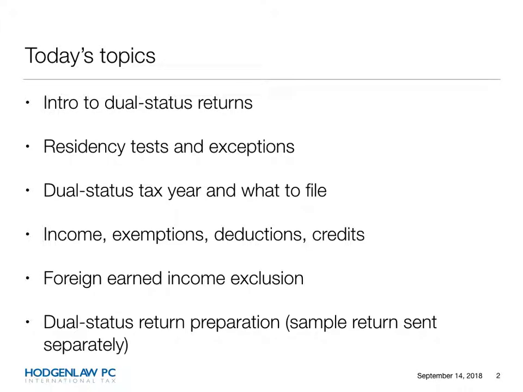So here's a brief overview of what we'll be covering. First, I'll go over what dual status returns are, then how residency tests are used, as well as some exceptions to these tests, what to file when you find out you have a dual status tax year, special rules related to income, exemptions, deductions, and credits, how the foreign earned income exclusion works in dual status returns, and lastly, a quick example of what a dual status return may look like.